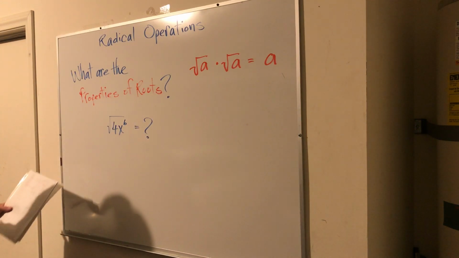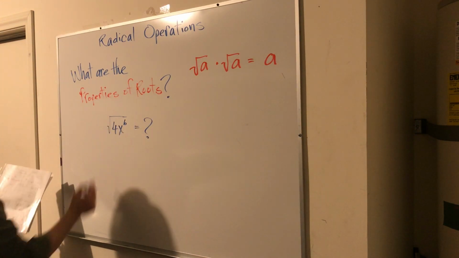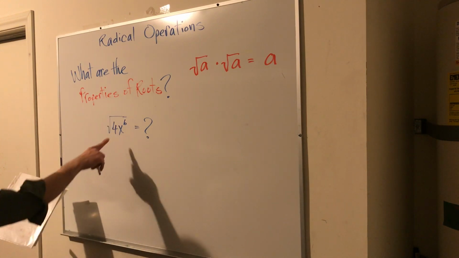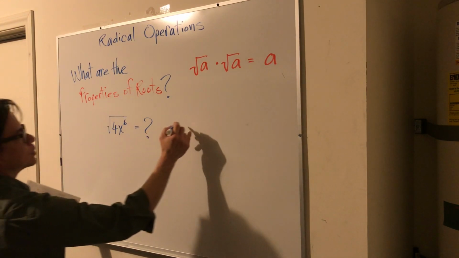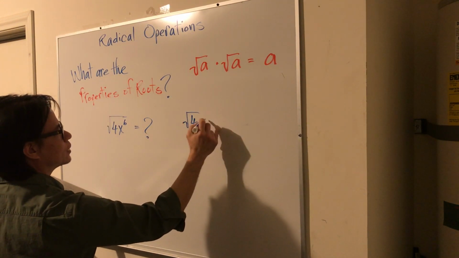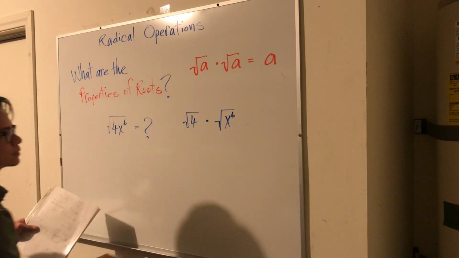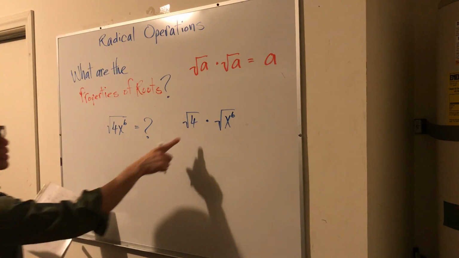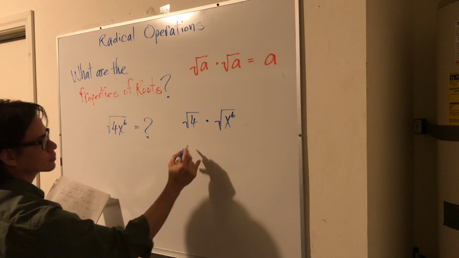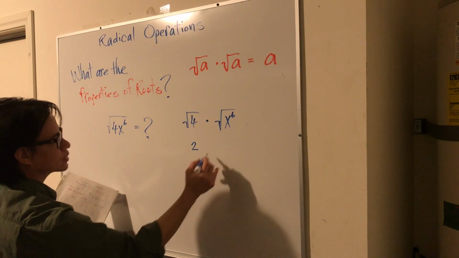What would you get? Okay, so we can break this down into square root of 4 times square root of x to the 6th. Okay, so what number times itself will give you 4? If you say 2, you are correct.